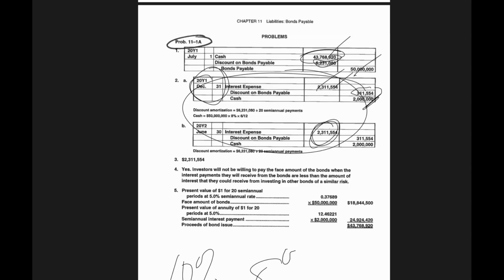We pay 8%. It's 20 periods, so we need to figure out what this thing is worth. So a $50 million bond at 5% semi-annually, so 10% divided by 2, that's the market, that has a face amount of $18.8 million. There is also the series of payments.